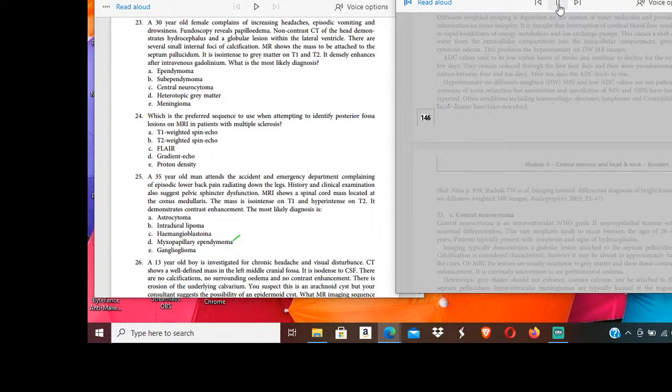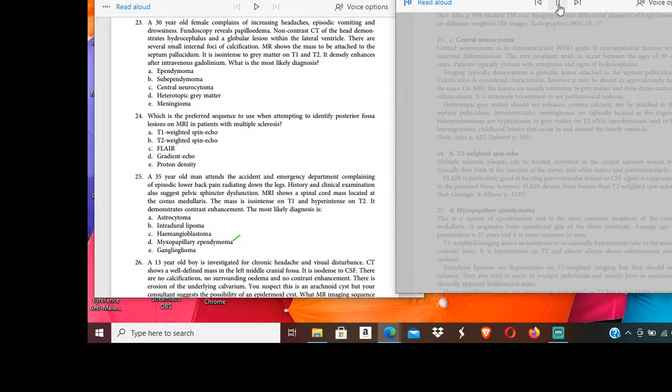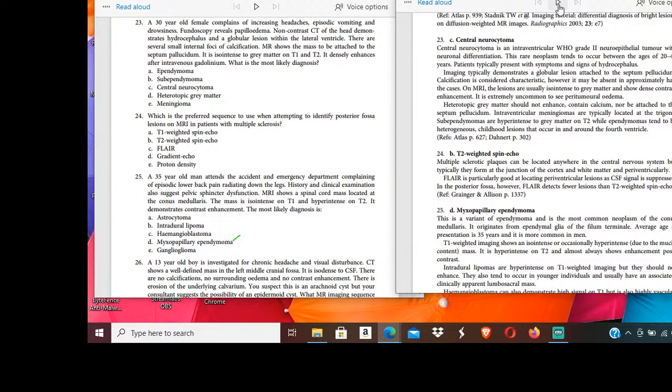Module 6 Central nervous and head and neck answers. Ref. Atlas P. 939. Stadnik TW et al.